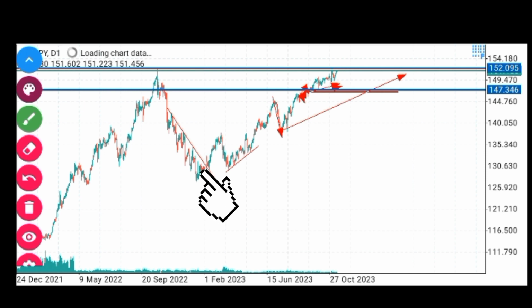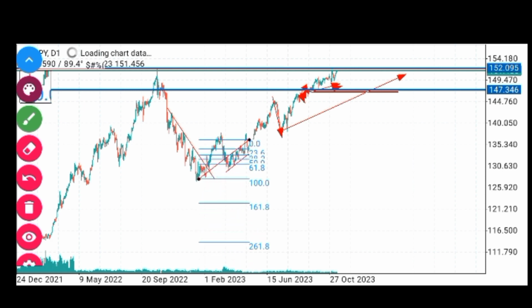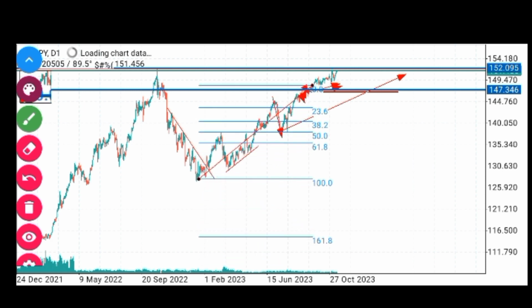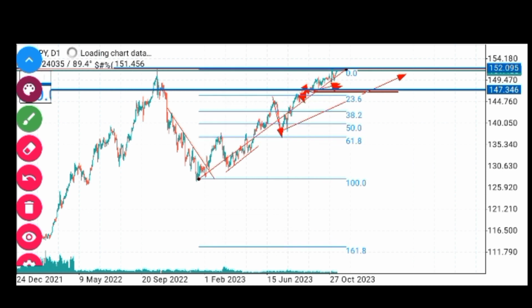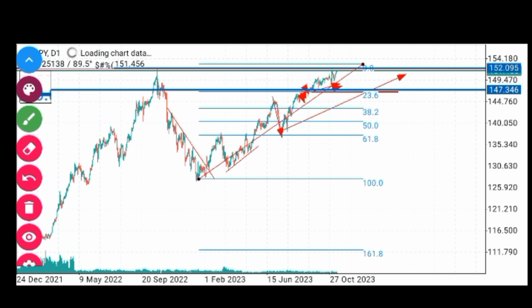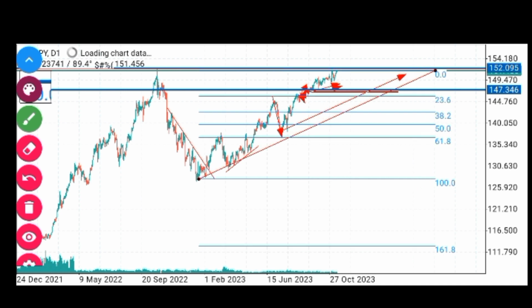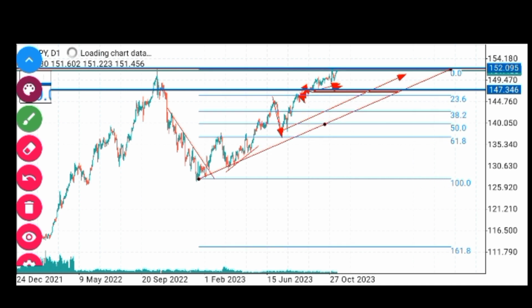I'm just speaking figuratively. I'm just going to tap on that swing low and drag the tool up to where the market is currently. You can see it stop. When I get to that, I can extend it so that the line will be extended.